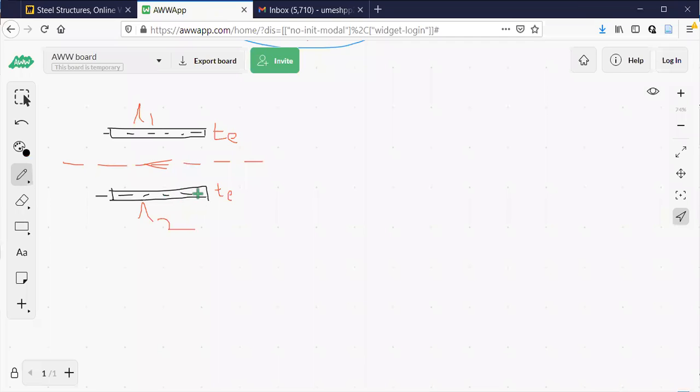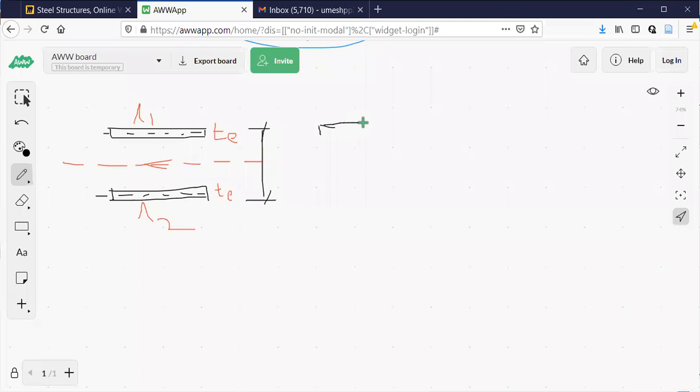But my question is, where is the centroid of both of these? The centroid of both will again be at the center, exactly at the center line.